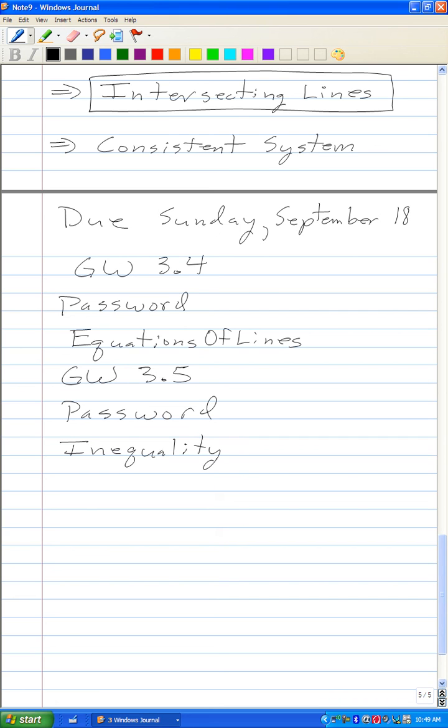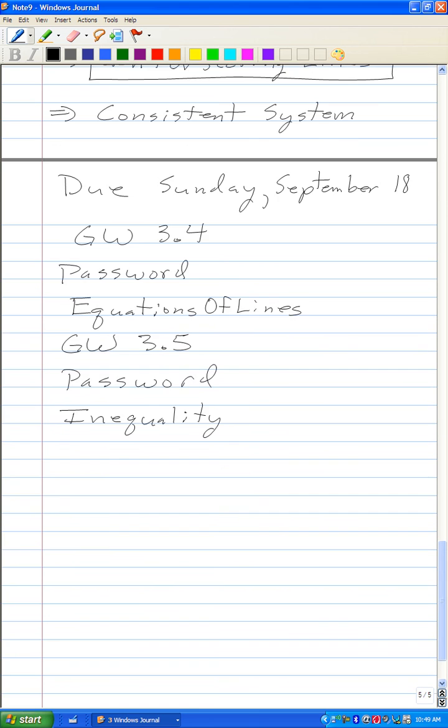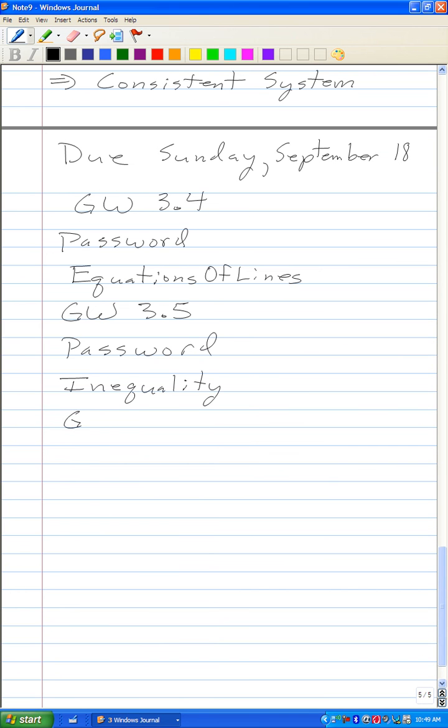And do group work 4.2. And the password is substitution. Okay.